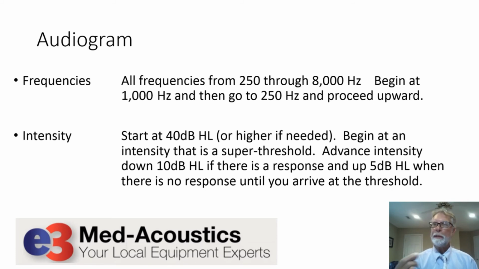But if they heard it at 20, I went down to 10, and there was no response at 10, I went up to 15, and then there was a response, then I'd want to drop down 10 below that, right? And come back up. So I drop down to 5, then I'd come back up to 10, and then 15, and if I got it at 15 again, I would take that, okay? So that's how you do it. It's down 10, up 5. That's what you got to know. You also have to know that red is right and left is blue.